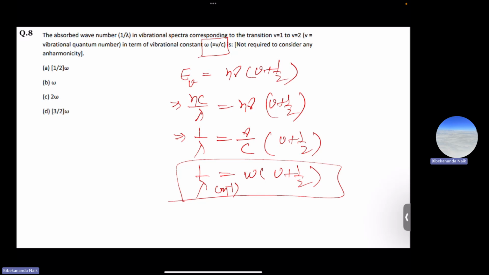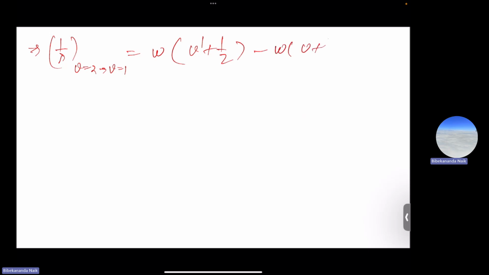Here it says the transition from V equals 1 to V equals 2. So 1 by lambda will be omega times V prime plus half minus omega times V plus half, where V prime is 2 and V is 1.